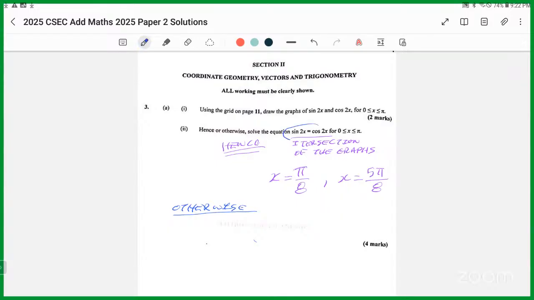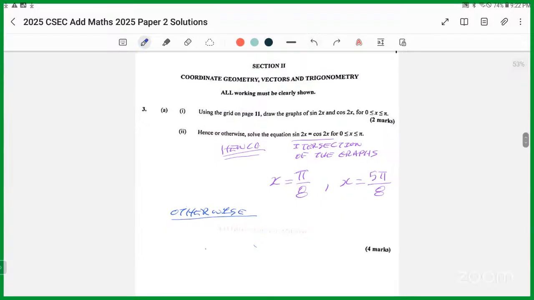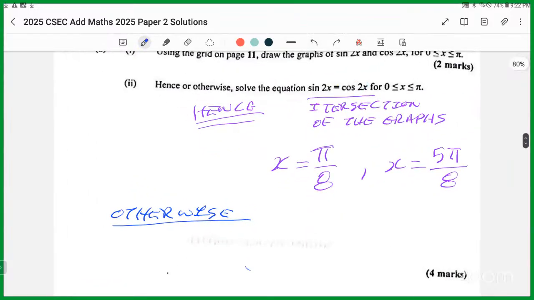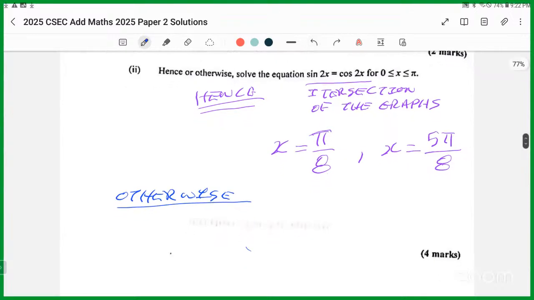Solving a simple equation with sin and cos in it, you divide by the cos and form tan. Sin and cos are equal at 45 degrees, so 2x would be pi by 4.